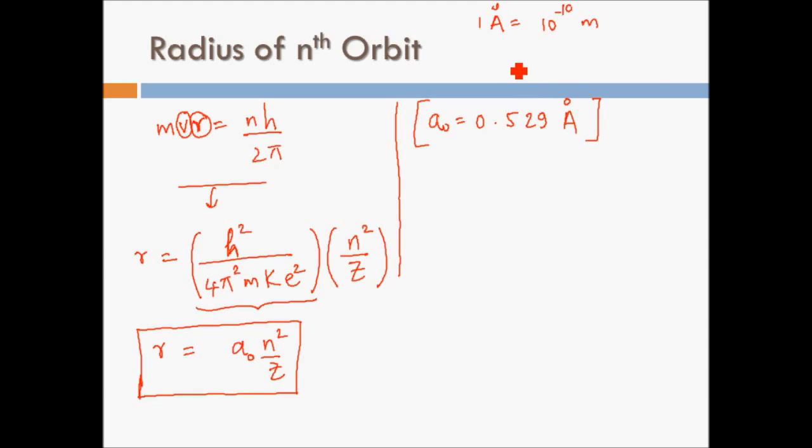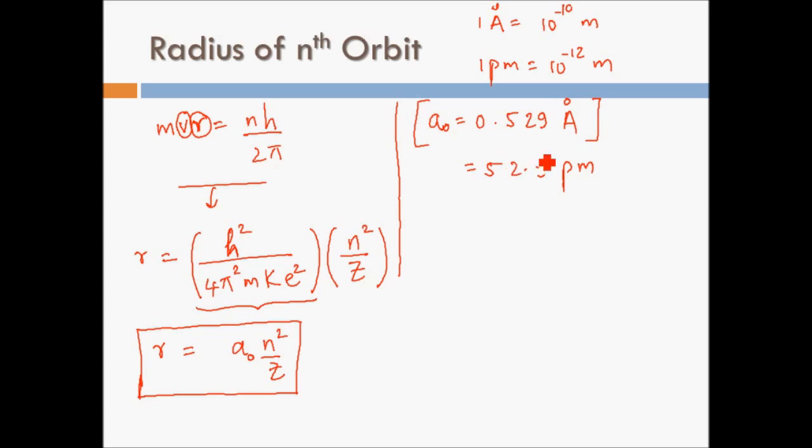Sometimes it is also represented in form of picometer, so 52.9 picometer, and 1 picometer is, quite obviously, 10 to the power minus 12 meter. So you have to remember this value of a naught, it is 0.529 angstrom.